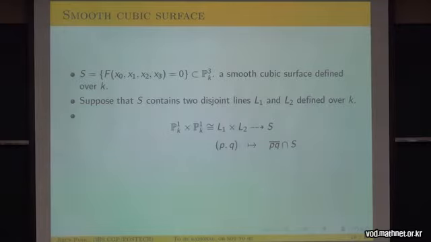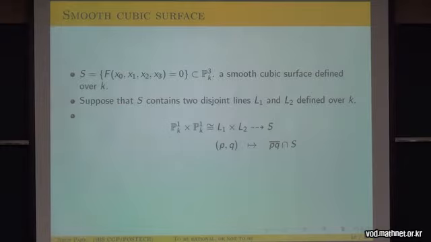You choose 2 points, one from L1 and the other from L2. Then these 2 points determine one line. Because these 2 points are K-rational points, this line is also defined over K.